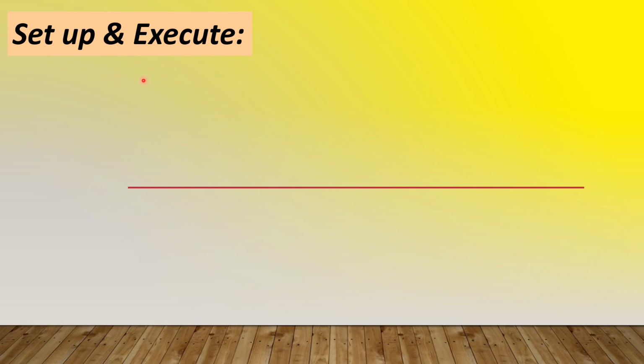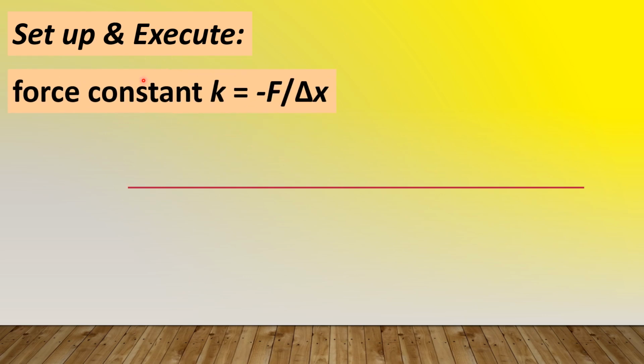Starting off with our calculations, we first find the force constant K, or the spring constant, whose formula is just equal to negative F, or the applied force, divided by delta x, or the elongation of the spring.